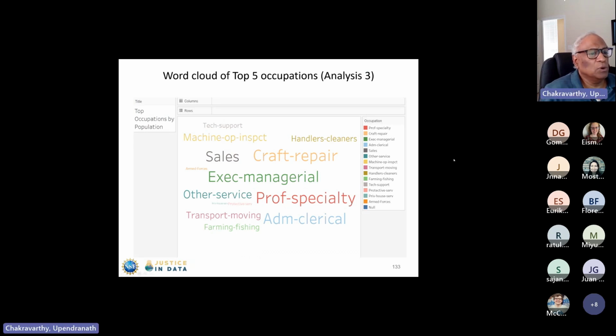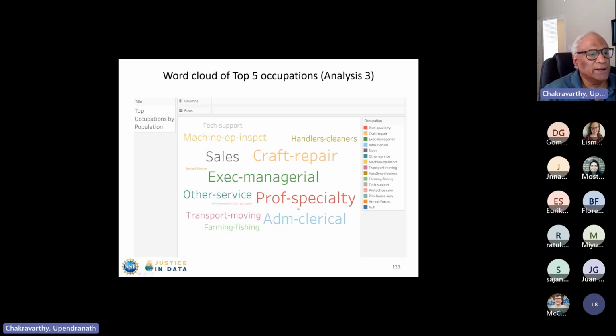Another way to look at it: we also used different visualization techniques. This one is known as a word cloud. You might be familiar with it. You'll see it in TV news and other places, showing which particular word appears more prominently in a discussion. It's easy to understand: the size of the font indicates that it's more prevalent.